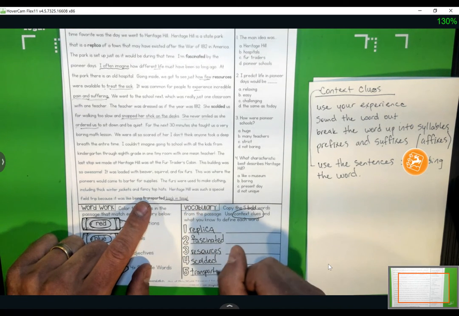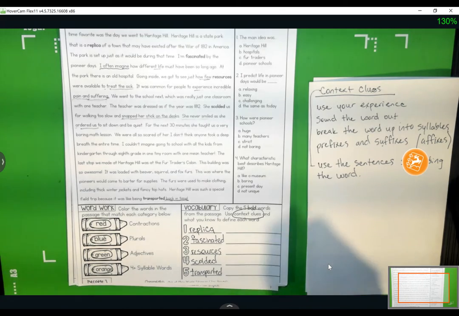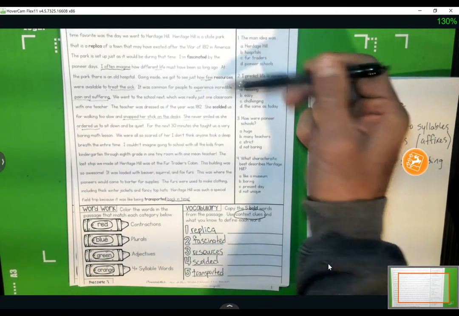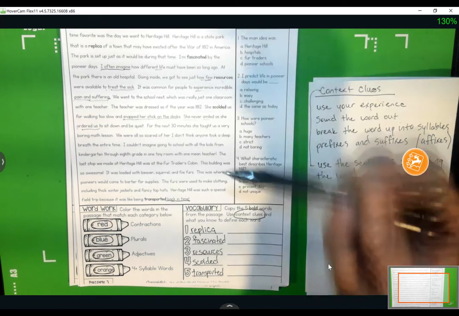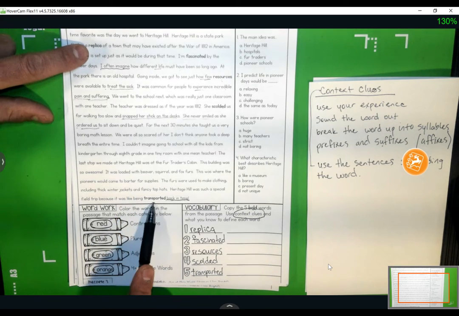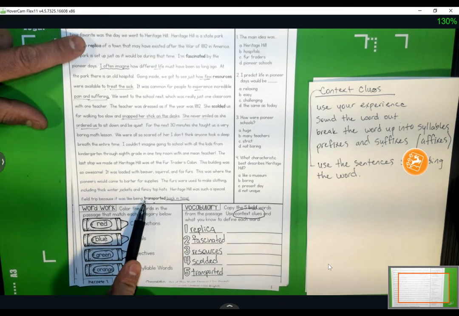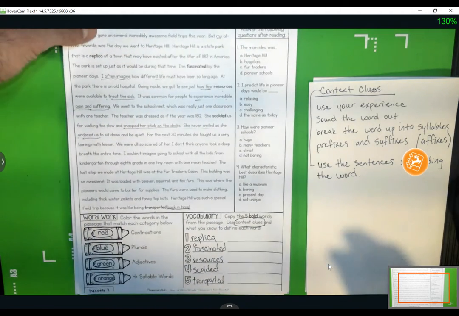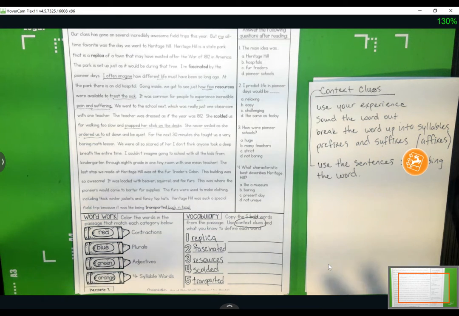We're going to take a look at 3 of these words. We're going to look at the words fascinated, resources, and scolded. The last 2 are the 2 remaining words that you have. You'll define them, create your own definition on your own. For my class, this is a good opportunity to think about your 3-column notes. What would we do in class with these words?